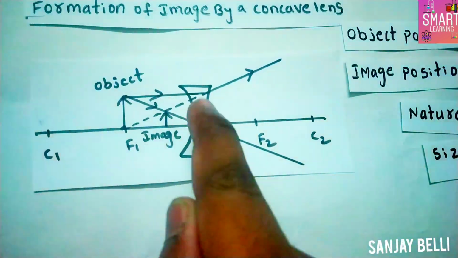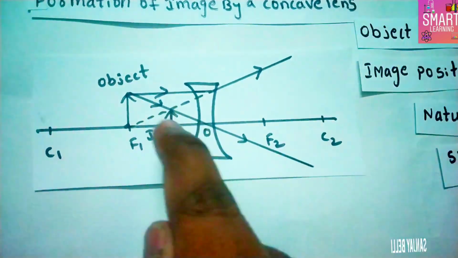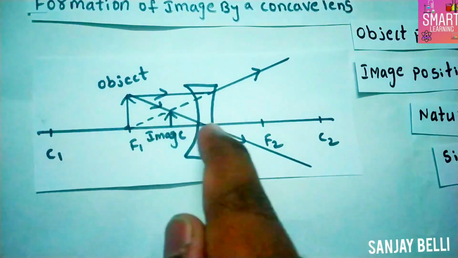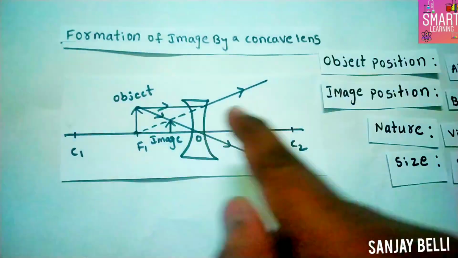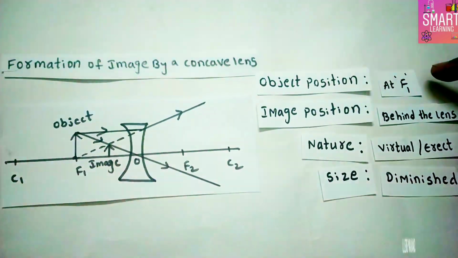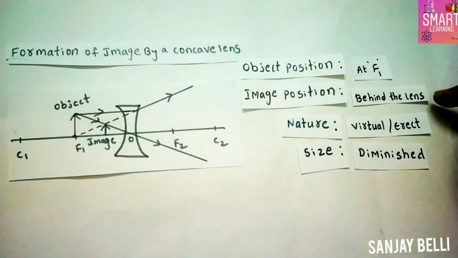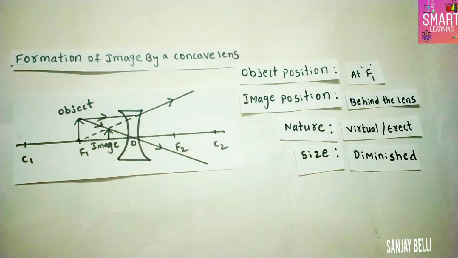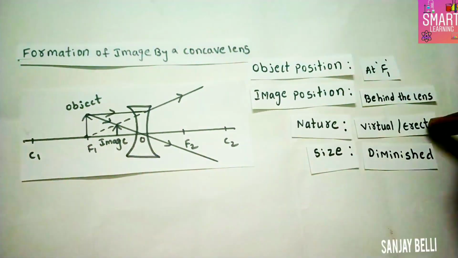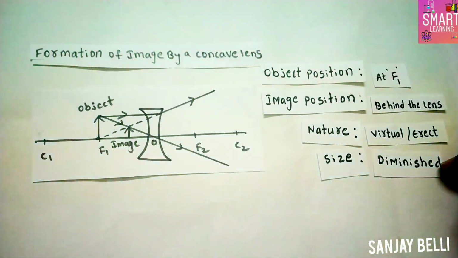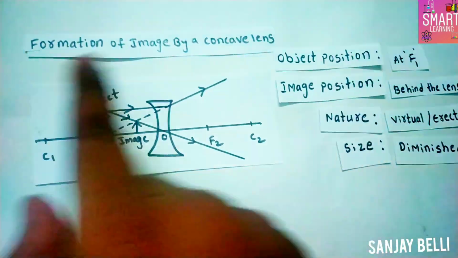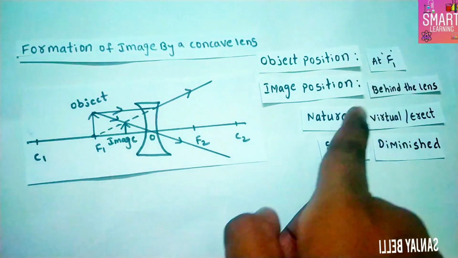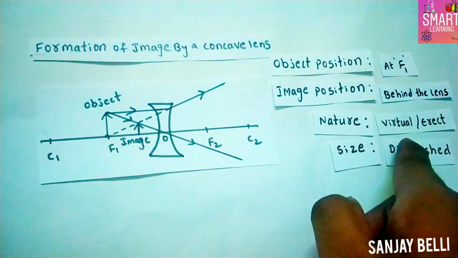Here also the two refracted rays intersect inside the lens, that is between O and F1. See, object position at focal point F1, image position behind the lens, nature virtual erect, and size diminished. In the beginning, when I placed the object beyond C, the image position was behind the lens, nature virtual erect, size diminished.